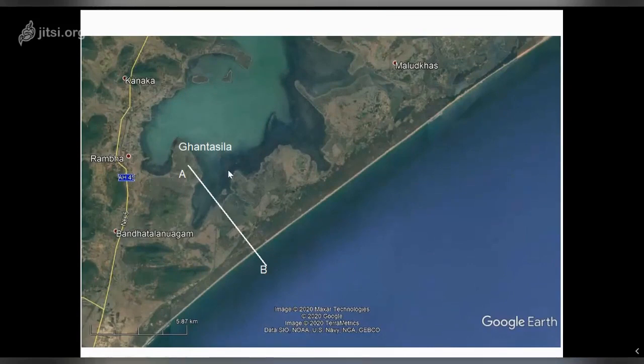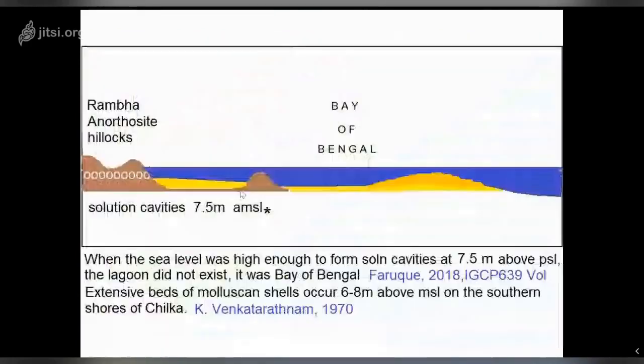I have collected some samples, but I am not very sure because it is a highly mutilated sample of probably a coral, but then I will go by what Geological Survey of India has reported. They have reported it specifically at 9 meter level. And along this line, if you draw a profile, it gives you this picture.